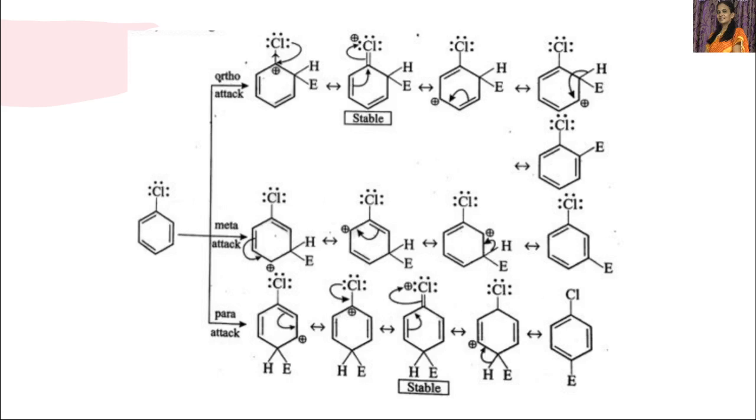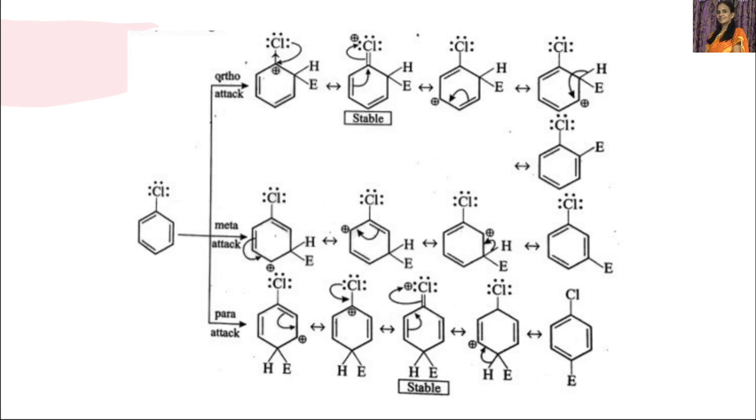Thus, this is only the plus M effect. Due to this plus M effect of this particular chlorine atom, this carbocation is stabilized, and we will get this form where chlorine has a positive charge. This is the stable structure produced, and now with the shift of this pi bond towards these two carbons and the shift of this pi bond towards the chlorine atom, we will get a positive charge on this particular carbon.